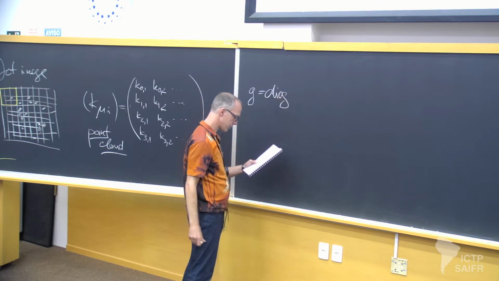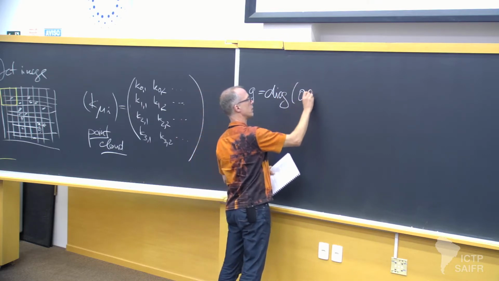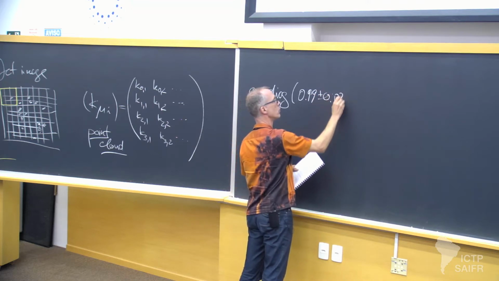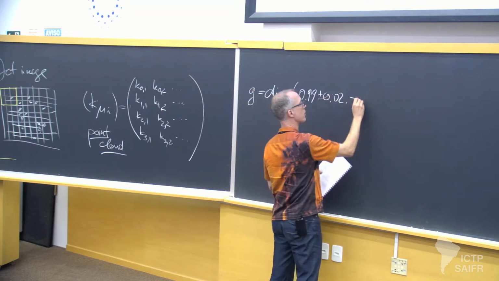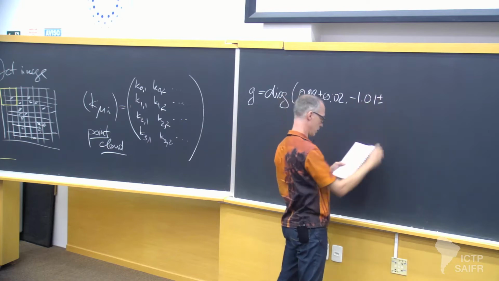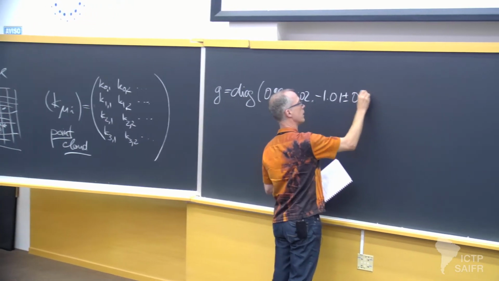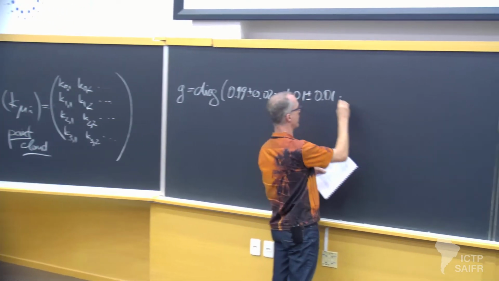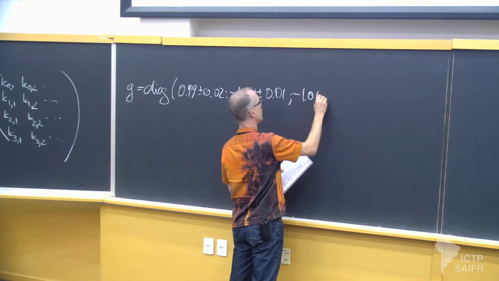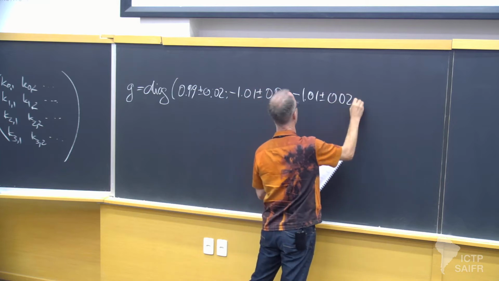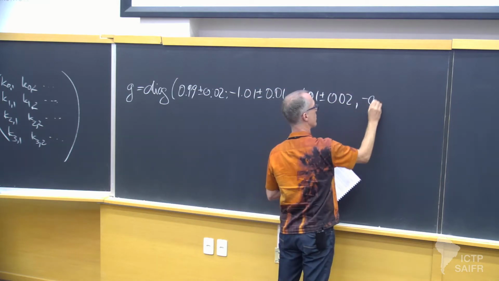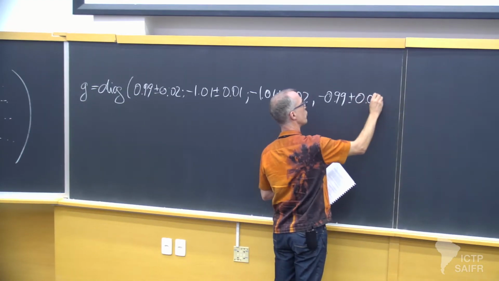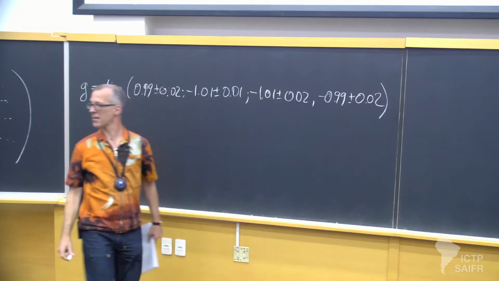It's a diagonal matrix: 0.99 plus or minus 0.02, then minus 1.01 plus or minus 0.01, then minus 1.01 plus or minus 0.02, and the last one is minus 0.99 plus or minus 0.02. This is the underlying metric.